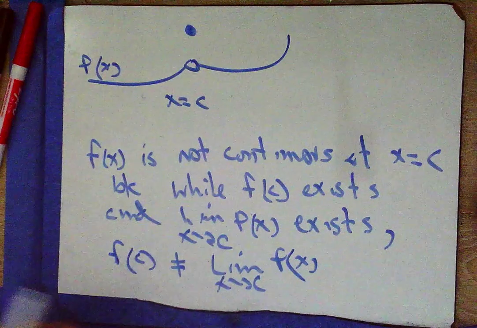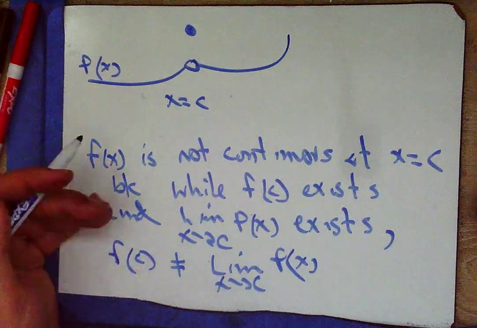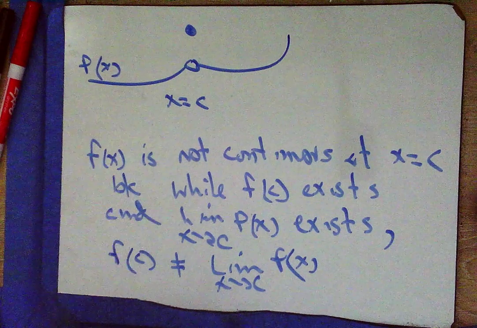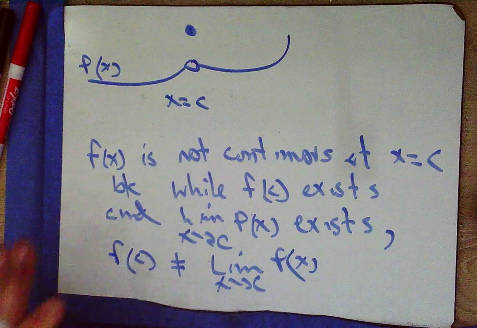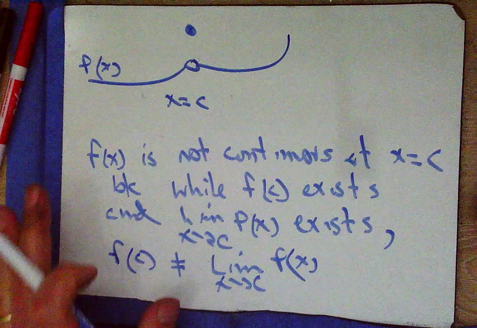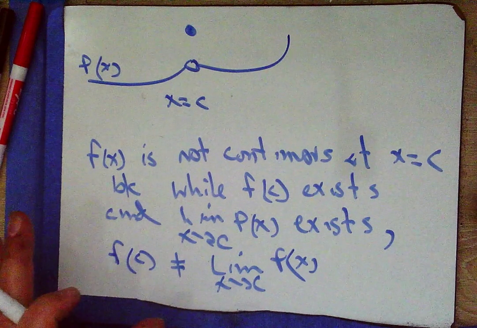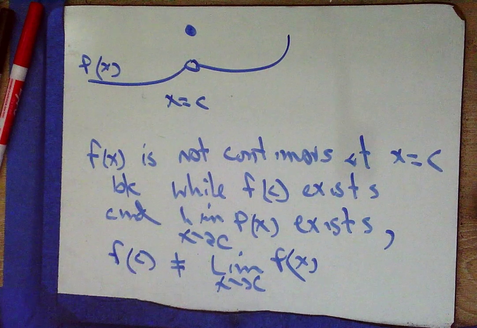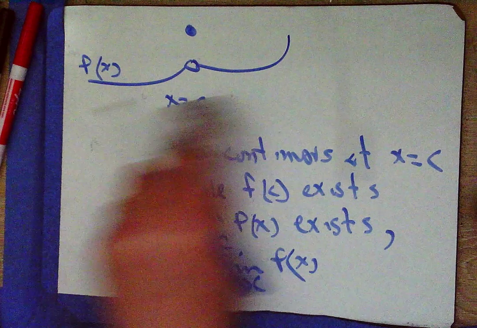Okay? Use your notation, use your language, justify your statement. Because I promise you on the next test, I'm going to ask you to explain why or why not the function is continuous or not at that point. Okay? So, point continuity. Continuous at a point.